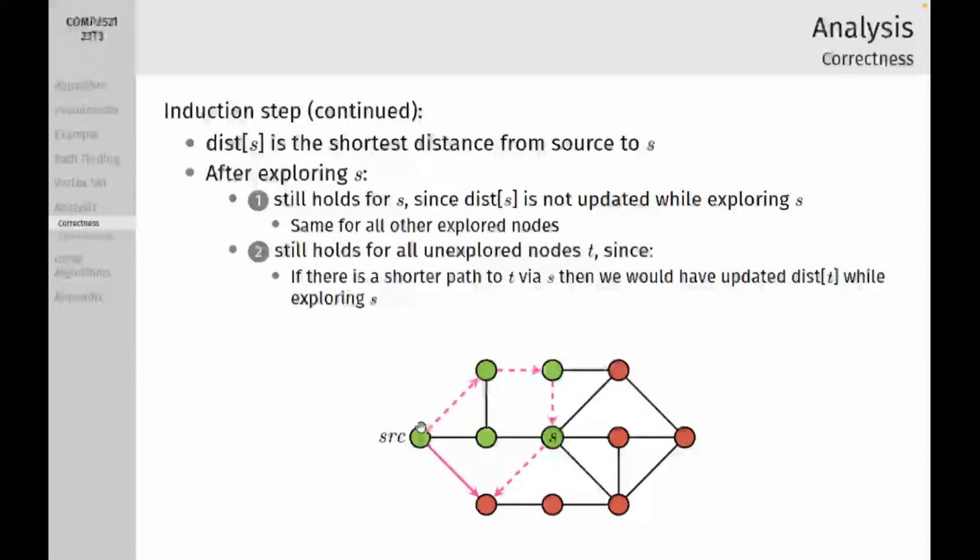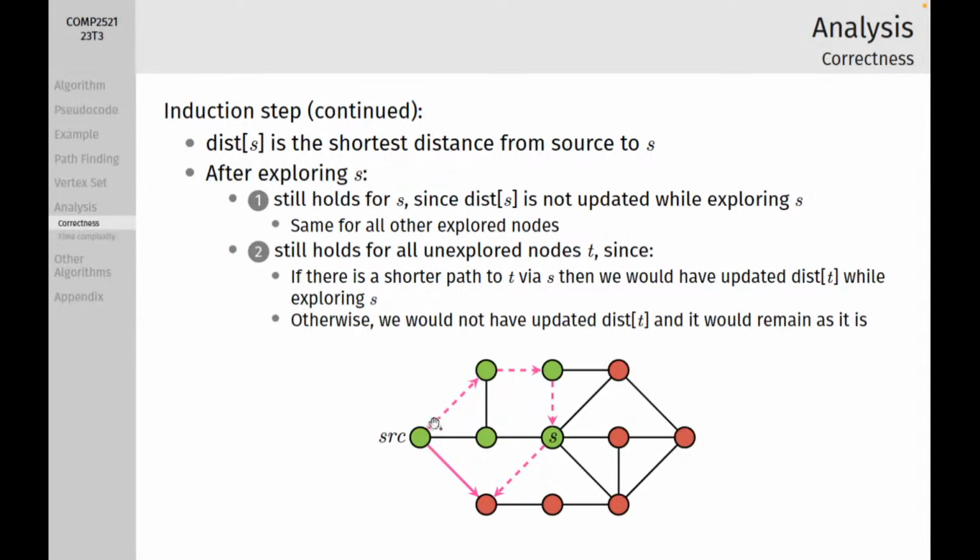If there is a shorter path to this vertex via S, so this path happens to be shorter than this solid path, then we would update the distance to this vertex while exploring S. Otherwise, if this path is longer than the path we've currently stored, we wouldn't update the distance, and it would just remain as it was.